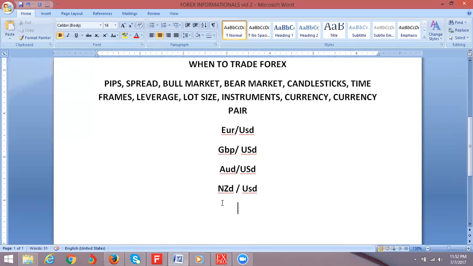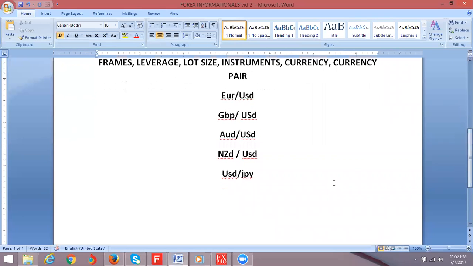Then we have the yen with the United States dollar, but that is written this way, USD JPY. It is not JPY USD, it is USD JPY. Then we also have the Canadian dollar, which is written USD CAD.